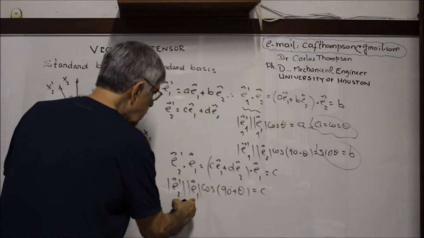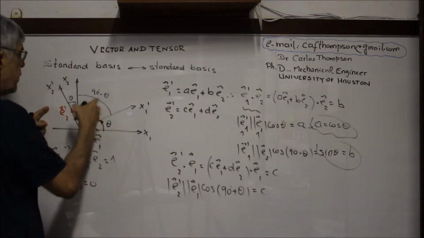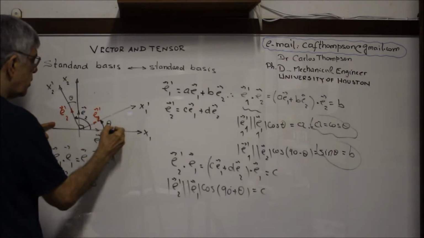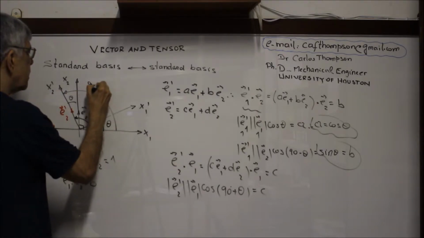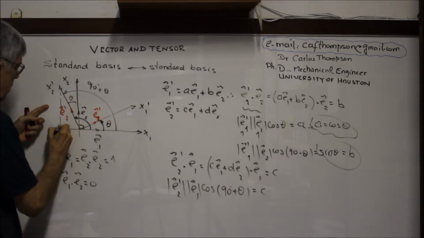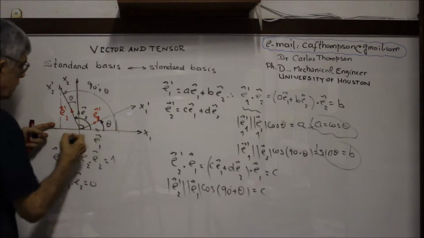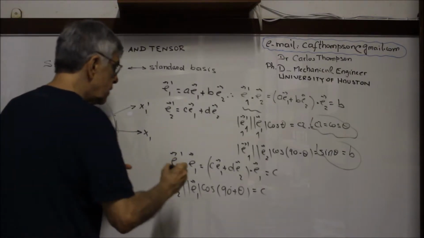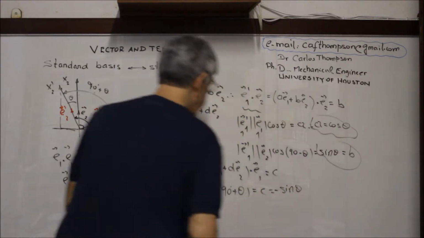So this is 1, this is 1. Cosine of 90 degrees plus theta, let's do it this way. Look, this is 90 degrees plus theta. The cosine of this angle will be sine of theta, but with a minus because the cosine here is negative. So C is minus sine of theta.